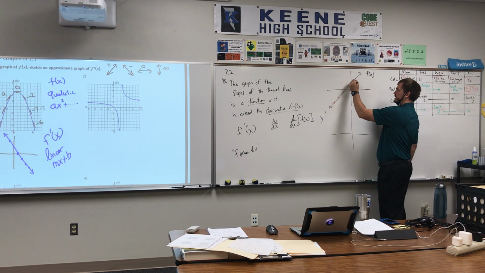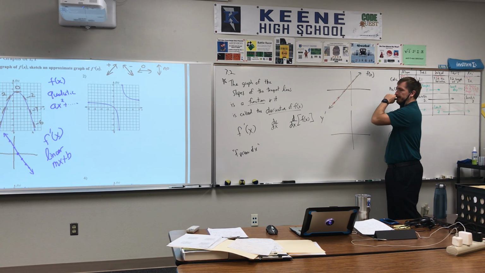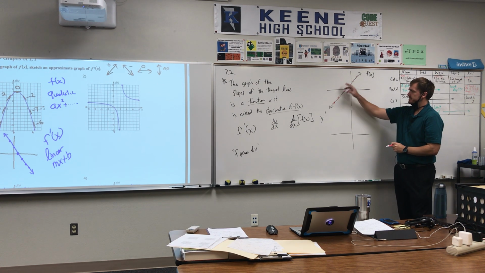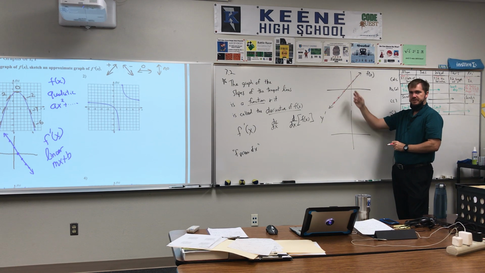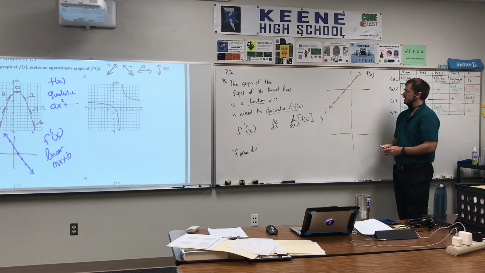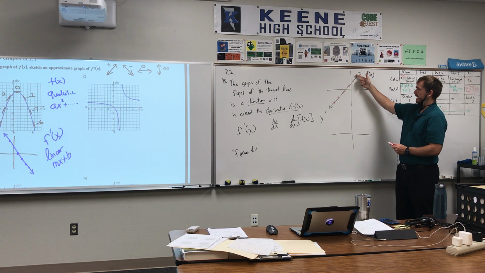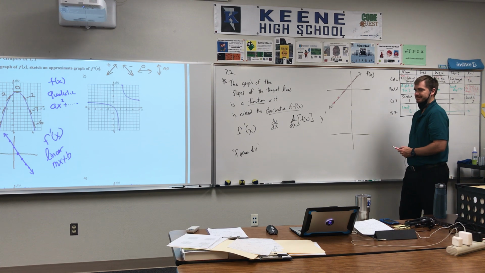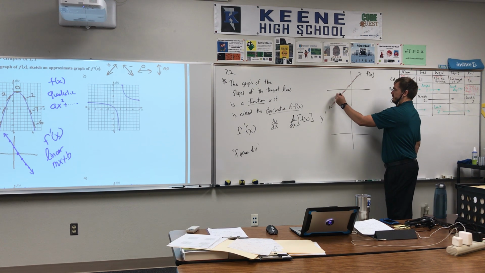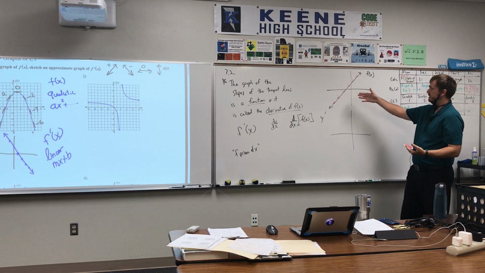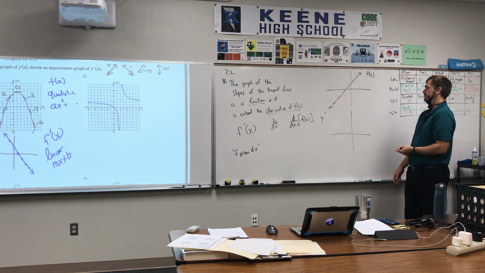Yep. Okay. Is the slope changing on those tangent lines? Nope. Robert, give me a number for any one of them, because they're all going to be the same. Okay. 1, 1, 1. It's definitely positive. Slope of 1.